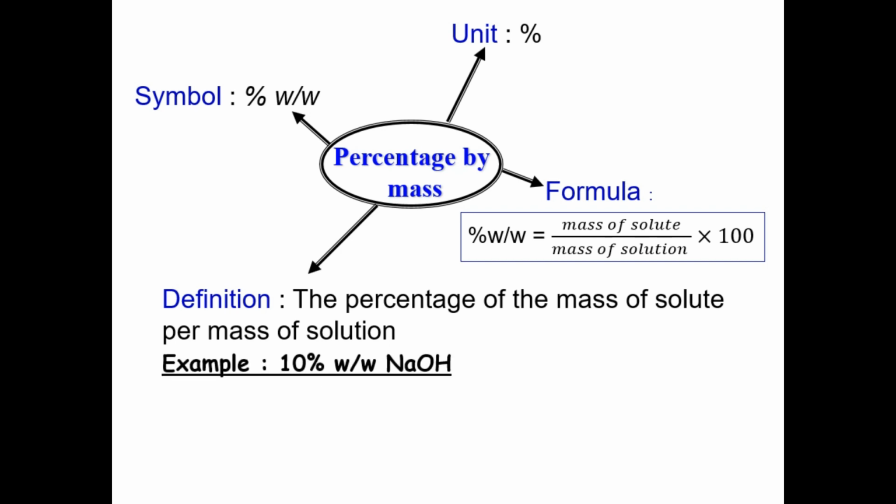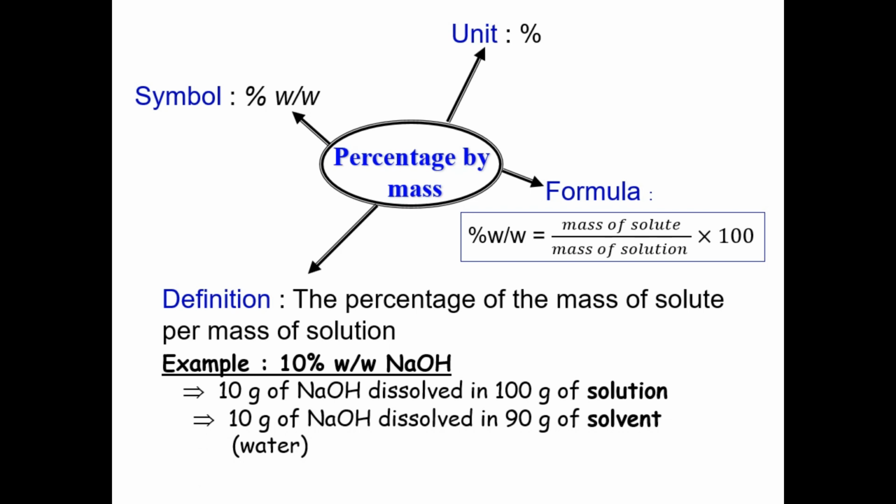For example, if the label has 10% W/W sodium hydroxide, it means that 10 grams of sodium hydroxide, NaOH, is dissolved in 100 grams of solution. That is, 10 grams of sodium hydroxide dissolved in 90 grams of solvent. The solvent here is water. So 10% of sodium hydroxide in 100% of solution.